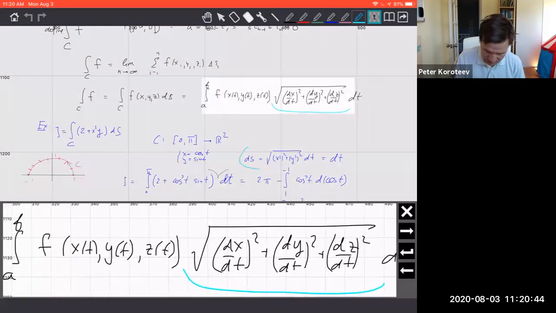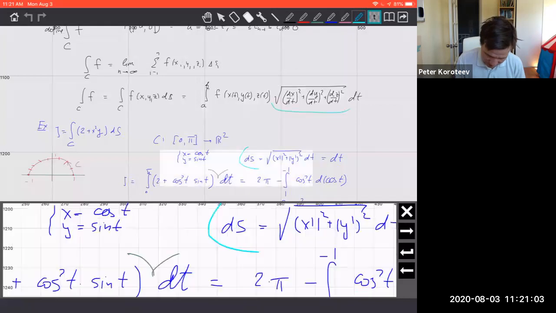You need to calculate the integral of f of x of t, y of t, multiplied by the square root. And it just happens that in this example, the square root is 1. Otherwise we would multiply here by the square root of cosine squared t plus sine squared t.